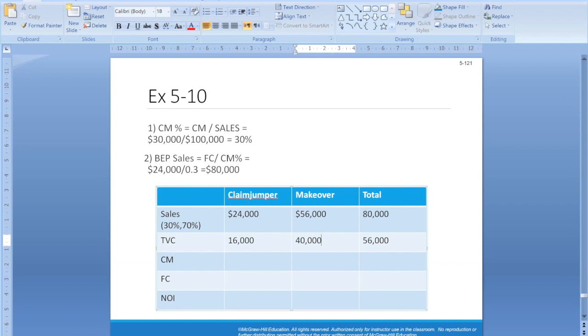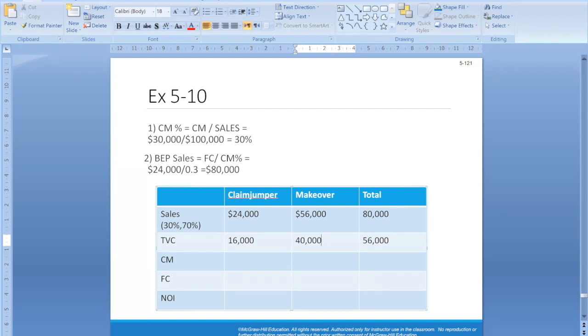Now, we have another way, if you like, which refers to the sales of the claim jumper itself. 24,000 times the percentage. Go back to the question. We do have 20,000 variable expenses and the sales were 30,000.